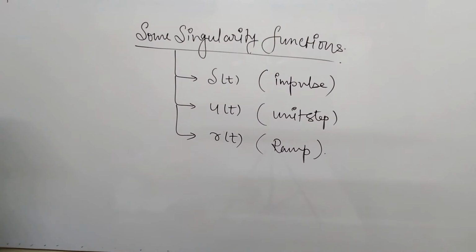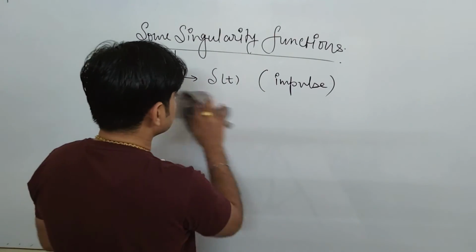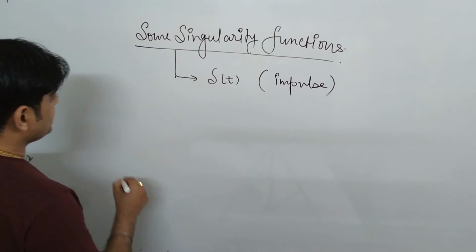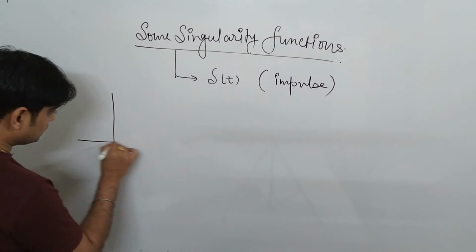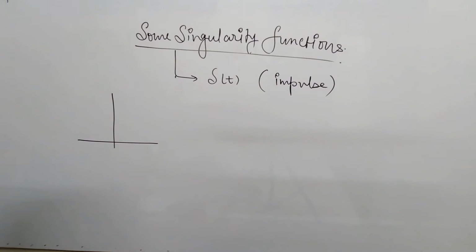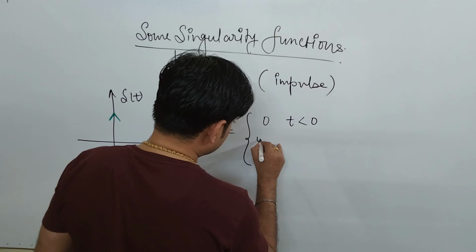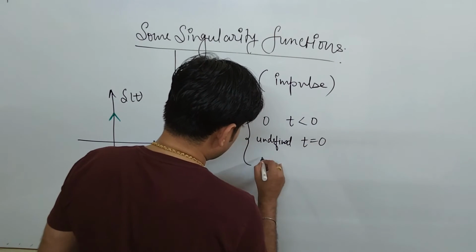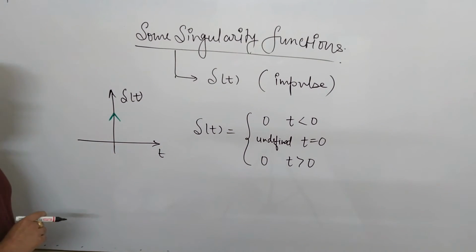Okay, so let us start with our first, the impulse function. This delta is known as the impulse function. If I draw it, it is 0 at t less than 0, undefined at t equal to 0, and 0 at t greater than 0. Very important function.